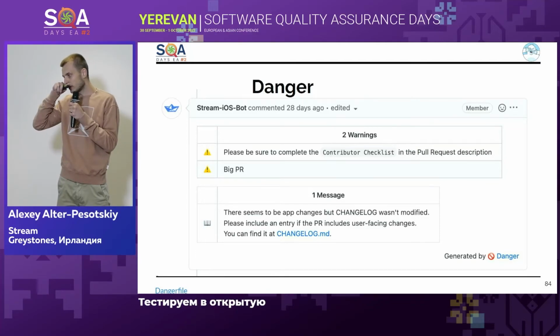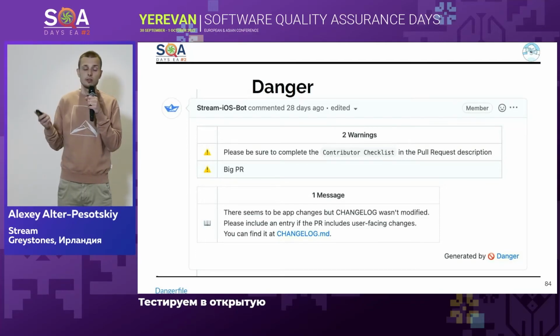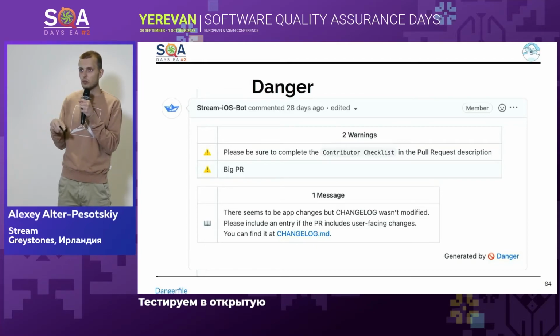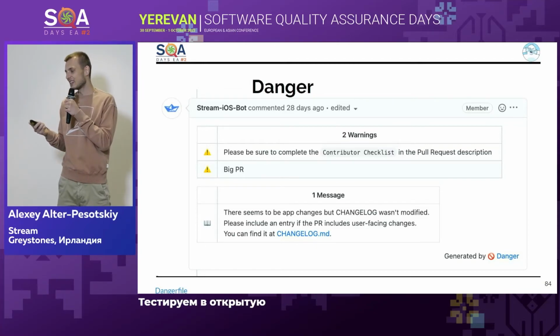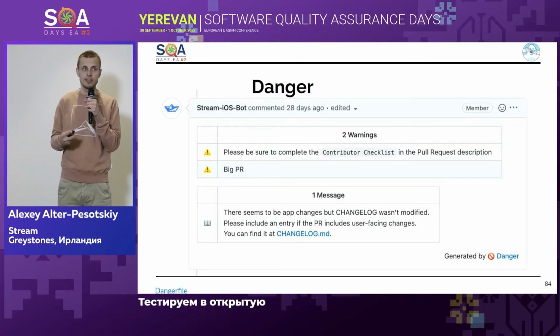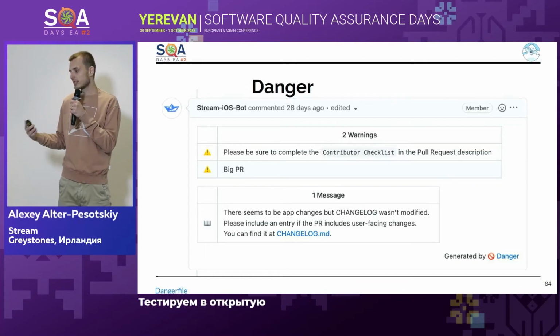It also will take a look at the description of the pull request, and if all the required boxes were ticked, it's fine. If some of the required boxes weren't ticked, then it will throw a warning. And if we changed the source code but didn't update the changelog, it also says that we need to update the changelog. Check out the Danger file if you'd like to find out more about it.